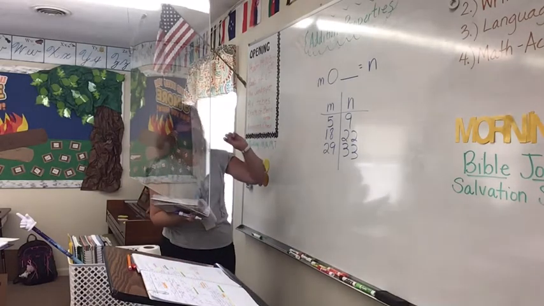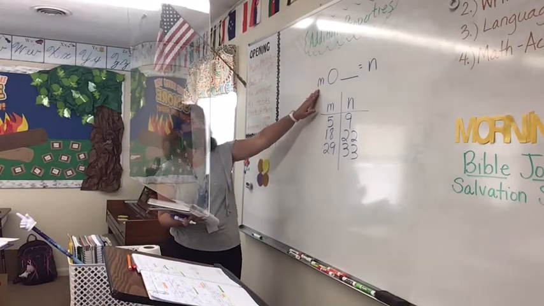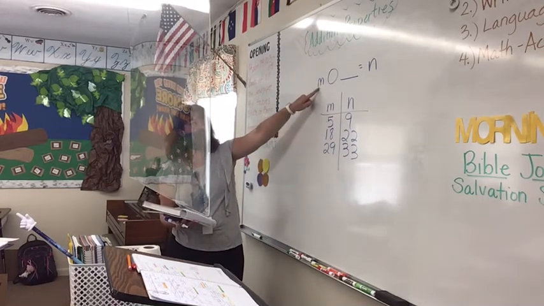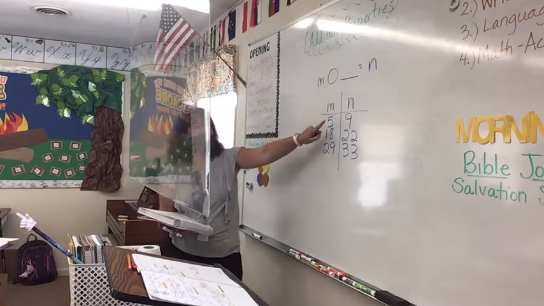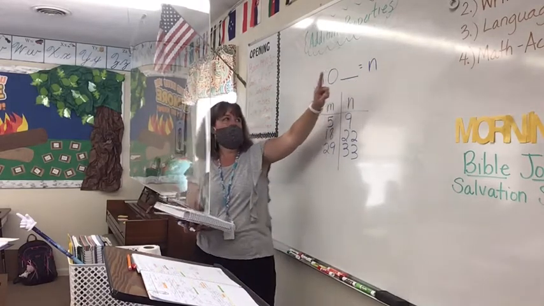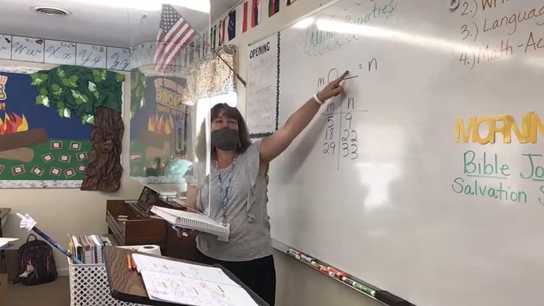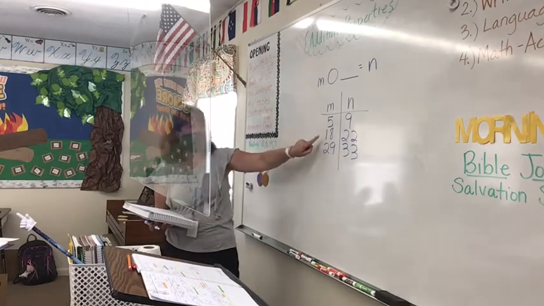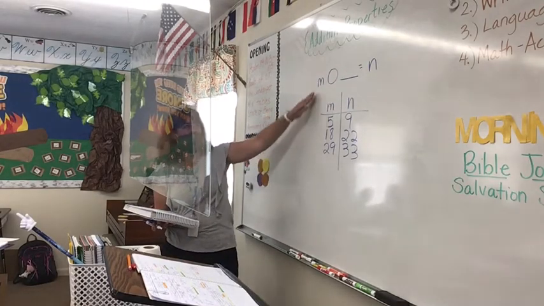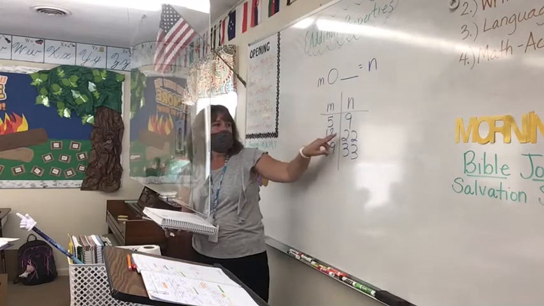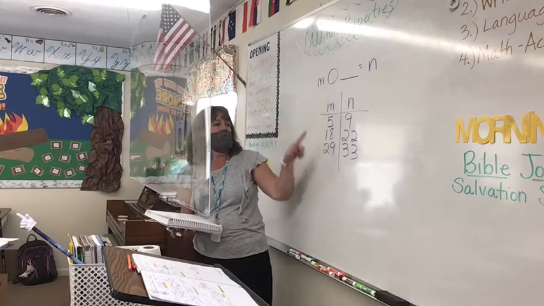So for instance, if M is 5 and N is 9, what did we do here? Did we add or subtract, and what number? It's the same with all of these. If M is 18 and N is 22, what's the rule we use?